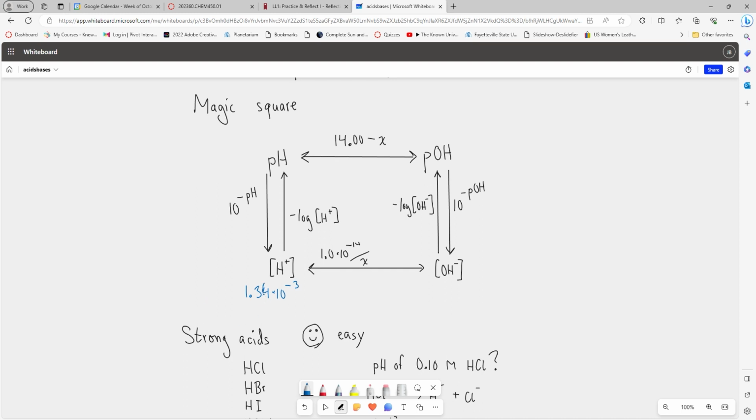So we'll plug the 1.34 times 10 to the minus 3rd in the calculator and take the log of that number and then flip the sign to make it positive, the minus log of that number. And this gives us a pH of 2.87, two significant figures, so it's two decimal places.